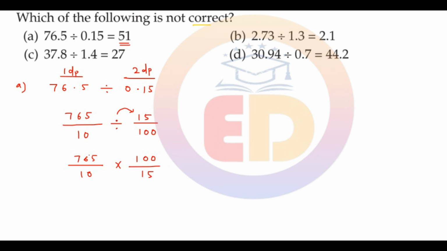Now I have in the numerator 765, in the denominator 15. Let's divide them. 765 divided by 15. 15 fives are 75. This is 1, this is 5. 15 ones are 15.